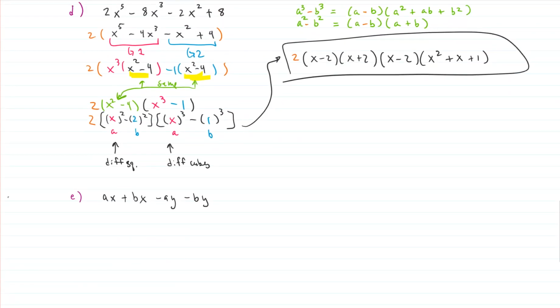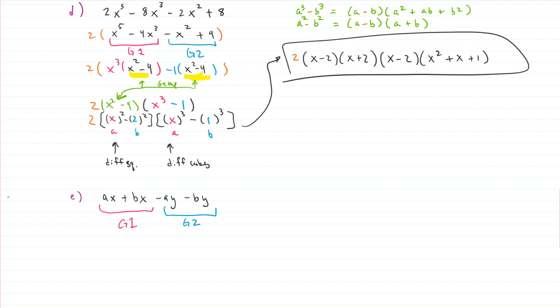Last one, last example. This one looks kind of nasty because it just has variables. There aren't any numbers. But it's okay, this one actually is the easiest. Let's, again, say this is group 1. Again, you can choose whichever groups you want, and you can still have it work out.